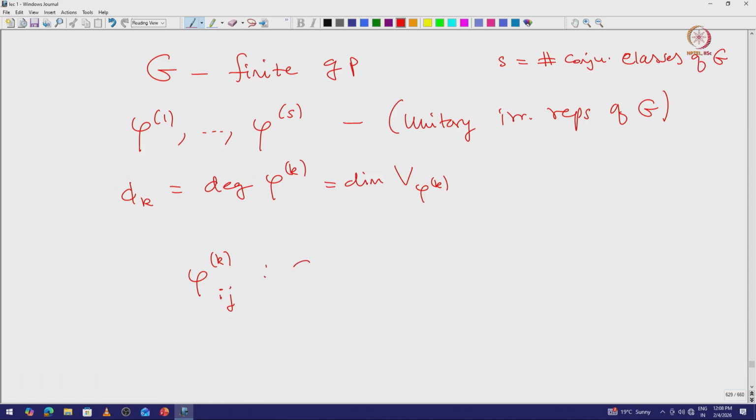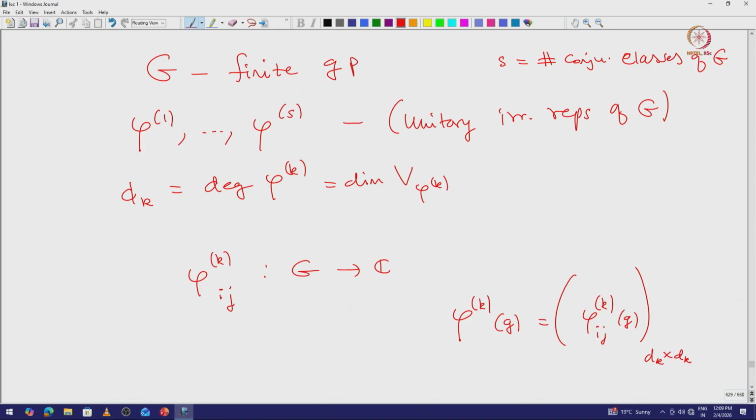So, they are functions from G to C. Okay. So, there are exactly d_k square functions. In particular, you can see that phi k of g is given by phi k i j of g, okay, that d_k by d_k matrix.